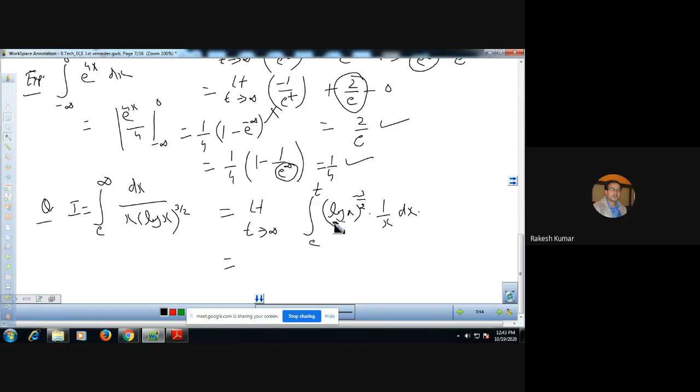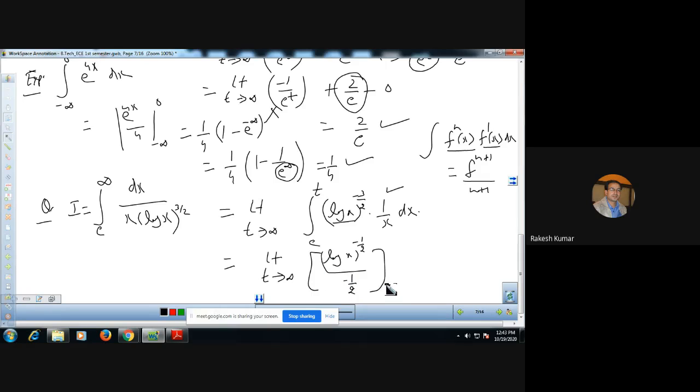And you just see, this is the log x, and the derivative of log x is 1 over x. But if you remember the formula of f^n(x) into f'(x), this is f(x), and its derivative is with this, and its integration is f^(n+1) over n plus 1. This was the formula done in 10 plus 2 class. So by that formula, log x raised to power minus 1 by 2, and this is minus 1 by 2.